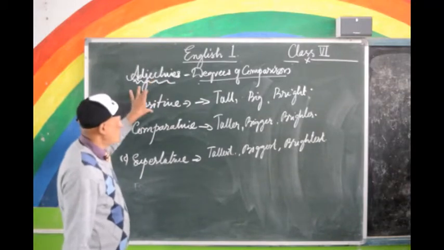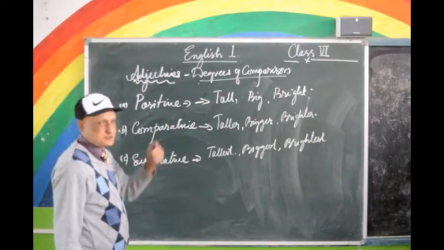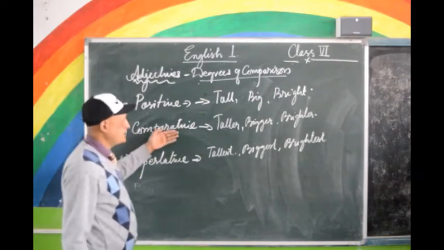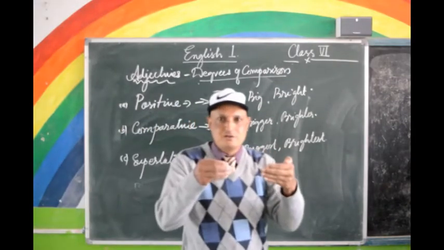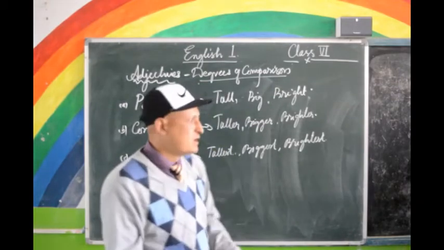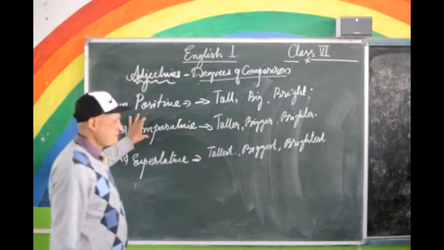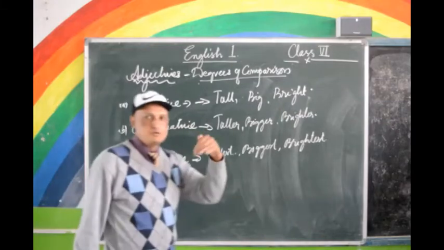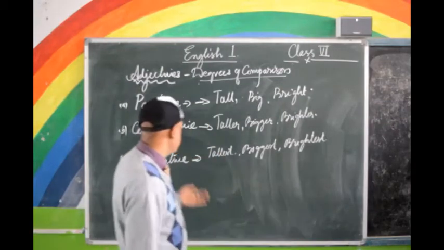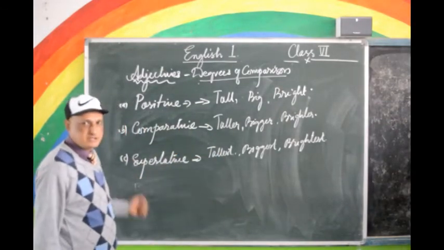So, there are 3 degrees of comparison in adjectives. Okay, what are they? Positive degree, that is only for 1. Comparative degree, when we compare 2 different objects and describe, we use the comparative degree, and when we choose the topmost or the highest or the best of it, we use the superlative degree.